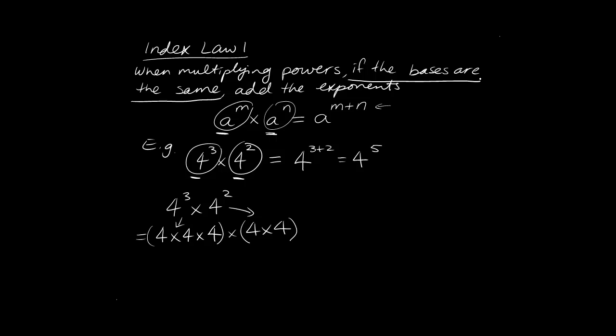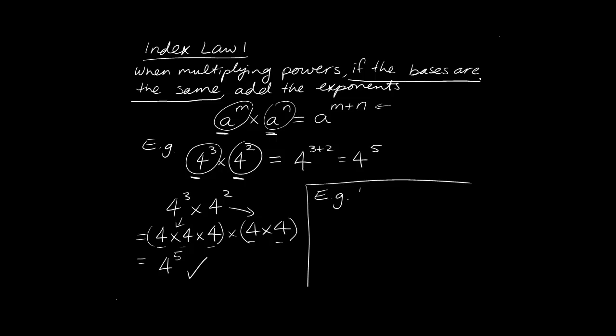Well, this actually means 4 times itself 1, 2, 3, 4, 5 times. So I can write this shorthand by saying 4 to the power of 5. Lo and behold, my answer is actually correct. Without even applying the rule, I can see that this is indeed the correct answer. Okay? Let's have a look at another example.